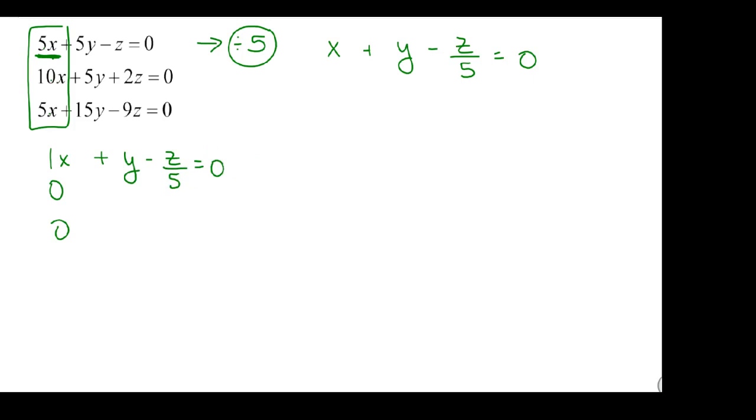Now my next step to complete my first iteration is to change the 10x to a 0x. Using the row that I just created, I multiply that row by the opposite of 10, and then I will add row 2 to it to eliminate the x term.